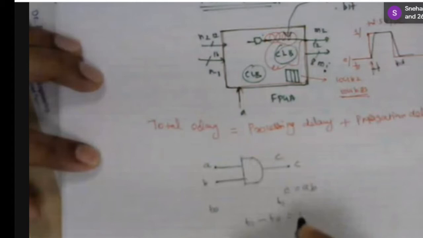Here one NOT gate, here one NOT gate, here one NOT gate, all together up to the last NOT gate. Total number of NOT gates is 10 power 9. For example, assume one case. Then your delay between input and output will be in the order of 1 second, dear students. So 1 second is a very big delay. Nobody will procure your product if the delay is in the order of 1 second.